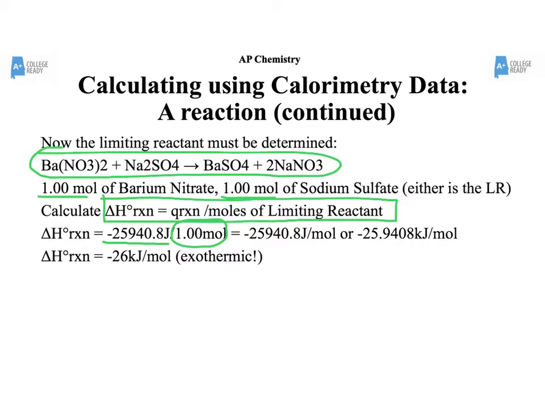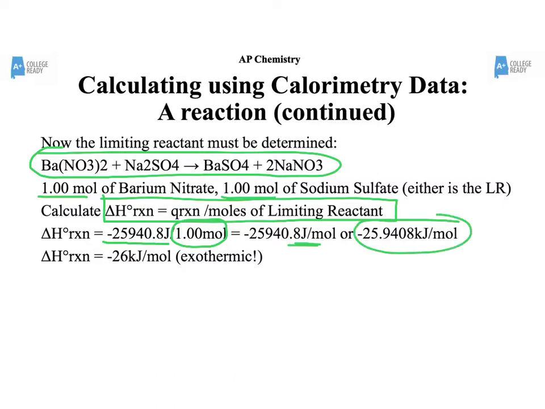And here's a note. When you're doing calorimetry, your answers for enthalpies are going to end up in joules per mole, and that goes back to the specific heat of water. So you might have to change it to kilojoules, so just divide by 1,000, and that would give you negative 25.9408.